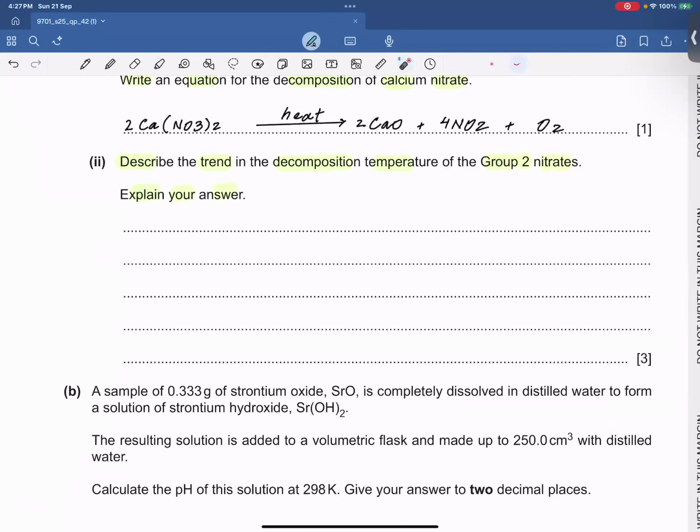Explain your answer. Since we have 3 marks, we need to give each and every detail, all right? So down the group, ionic radius increases. So when ionic radius increases, charge density decreases.